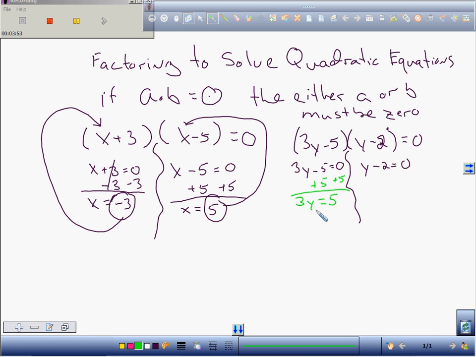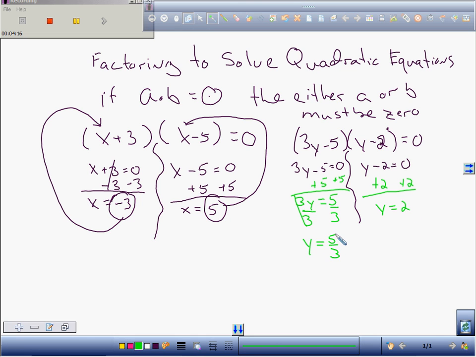Then what? Divide by 3, and I get y equals 5 over 3. Just leave it like that. And over here, what do I do to both sides? Add 2, and I get y equals 2.